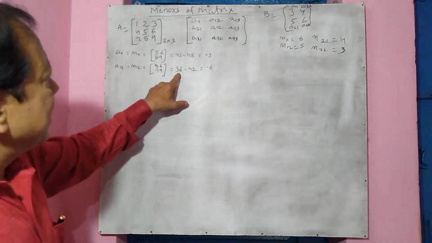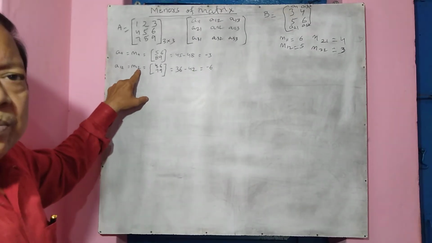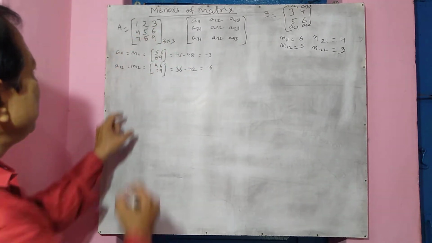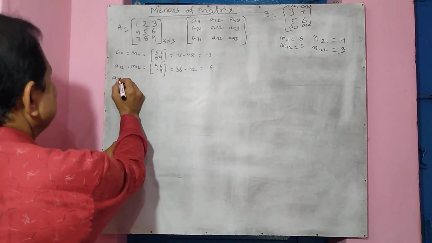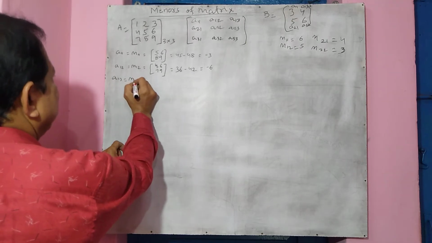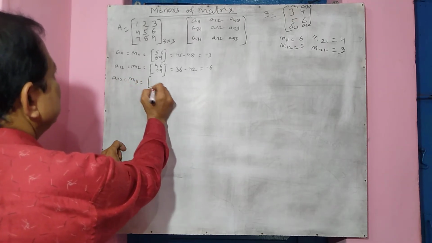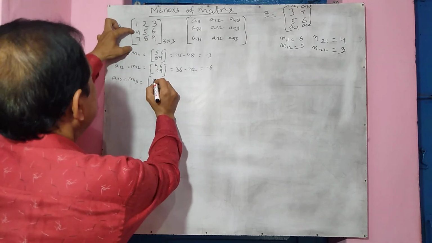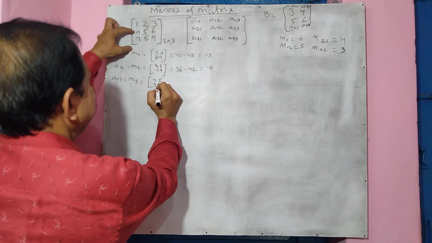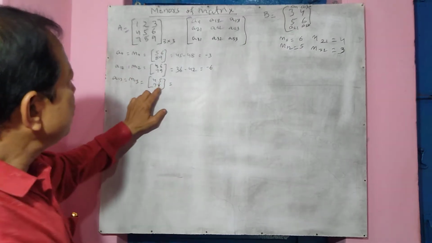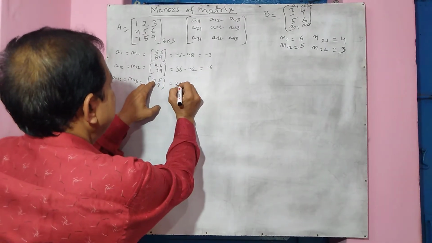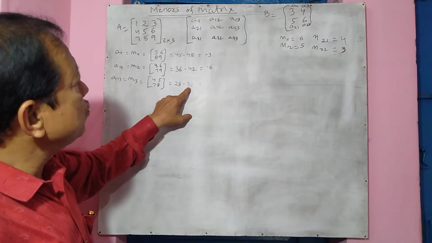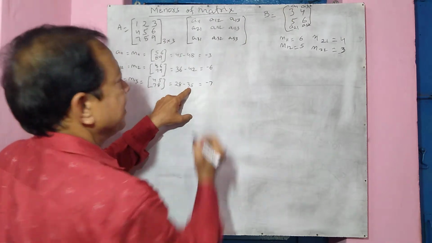So therefore M12, the minor of 12, is equal to minus 6. Similarly, coming to A13 or M13, leave this column and this row, what remains is 4 5 7 8. That is 4 into 8, 32, minus 35, which comes to minus 3.